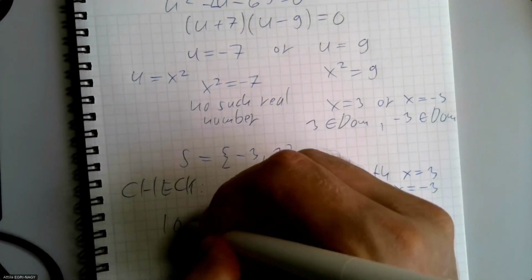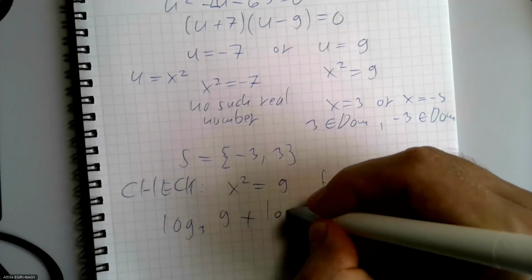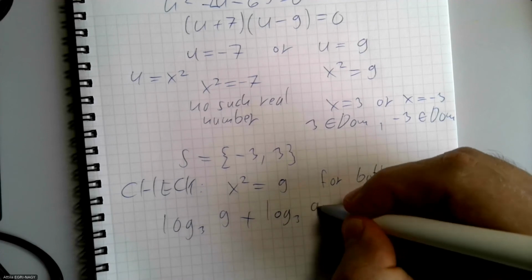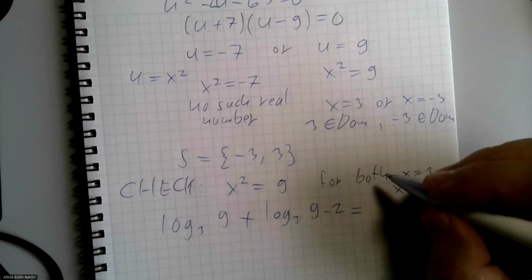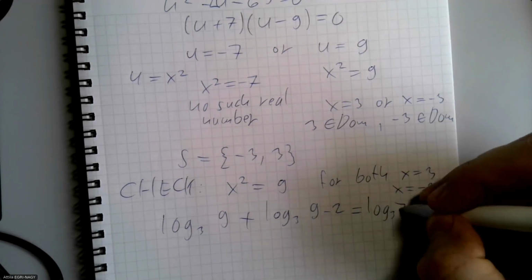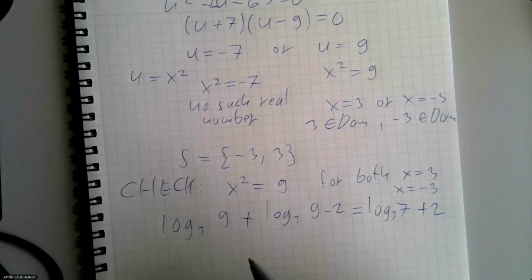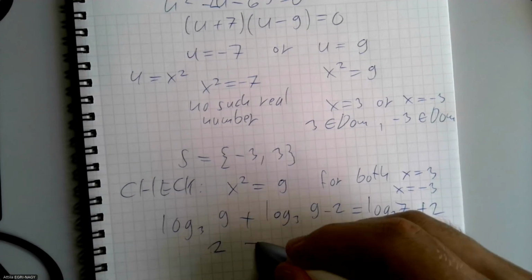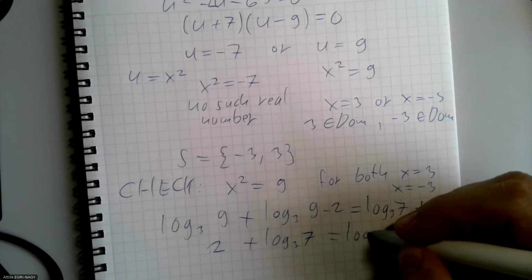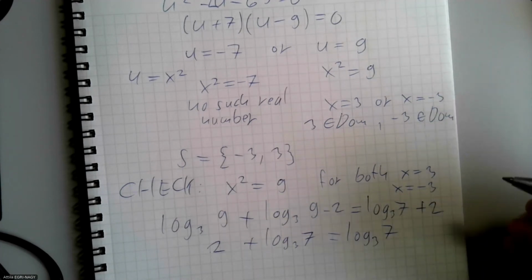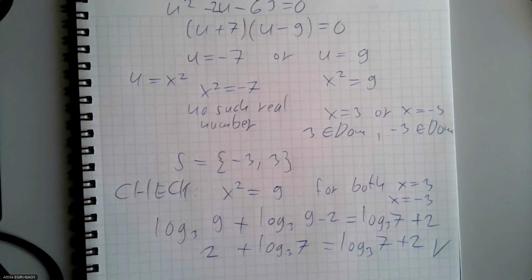This is the base 3 logarithm of 9 plus the base 3 logarithm of 9 minus 2, and that should equal the base 3 logarithm of 7 plus 2. But that's exactly the case here. This is 2 and this is the 7, and addition is commutative, so that's the same. So that checks out.